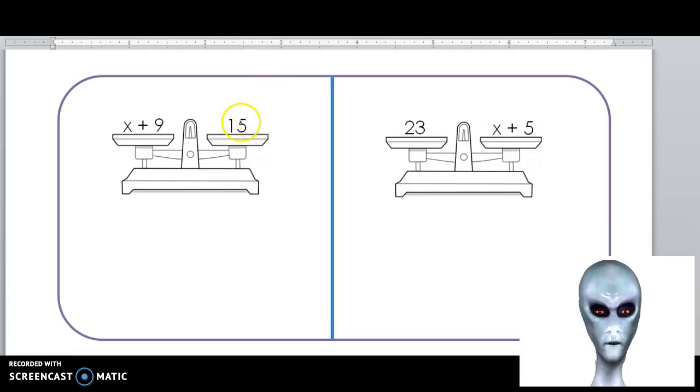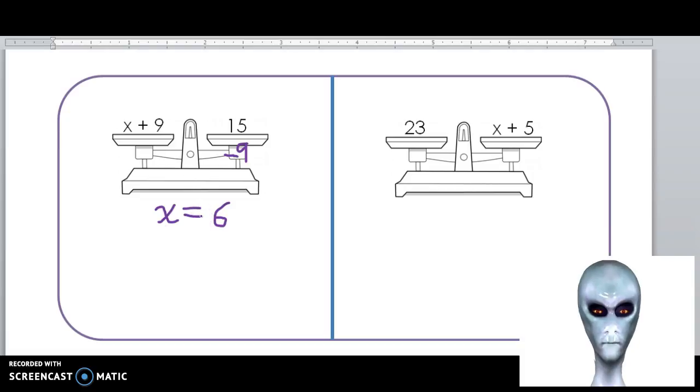In order to determine that, we're going to use inverse operations and do 15 minus 9. So I'm going to subtract 9. 15 minus 9 gives me 6. Therefore, x is equal to 6.